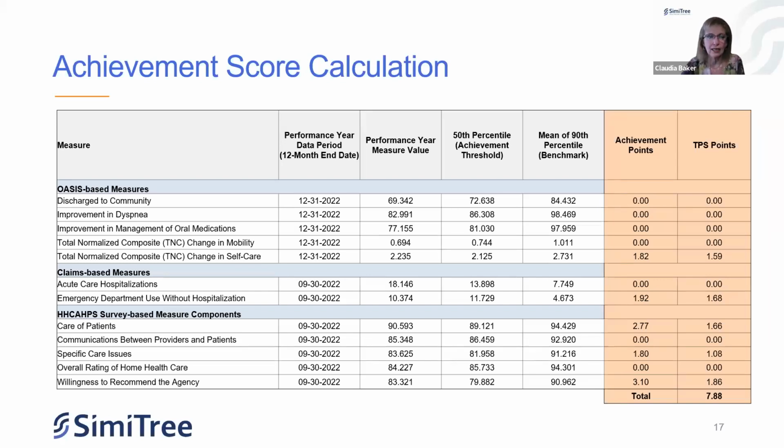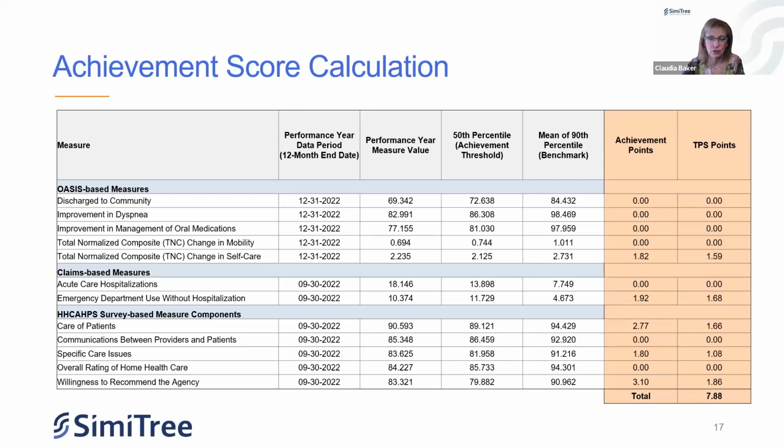But in this case, you can see that if you don't hit at least that 50th percentile, you don't get any, see the zeros in the achievement points, you don't get any towards the total performance score, at least initially. In this case, this agency scored well in the TNC score for self-care, so that adds some achievement points and then factors into the TPS score as well.